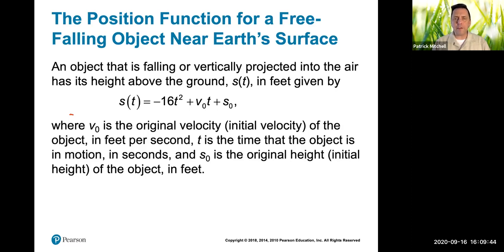So if you've taken physics, you've probably seen this formula before. V0 is the original velocity or initial velocity of the object in feet per second. T is the time that the object is in motion in seconds. And s sub 0 is the original height of the object in feet.